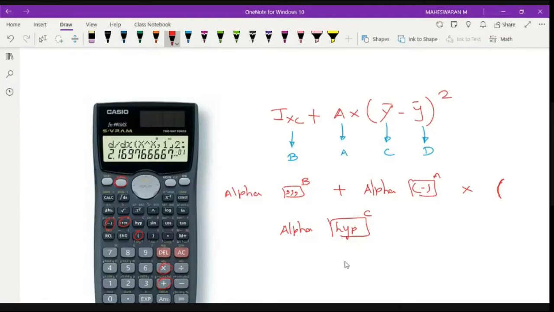Okay. So alpha C minus, again alpha, then your D. So D is fine. Right. Now you close your bracket, then press x square.